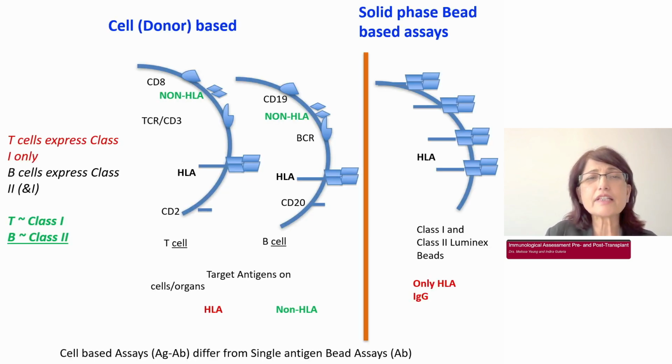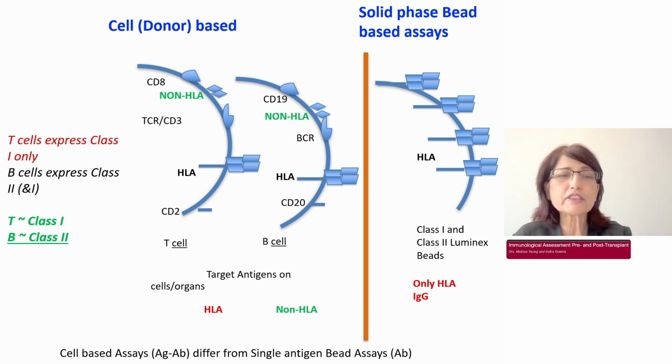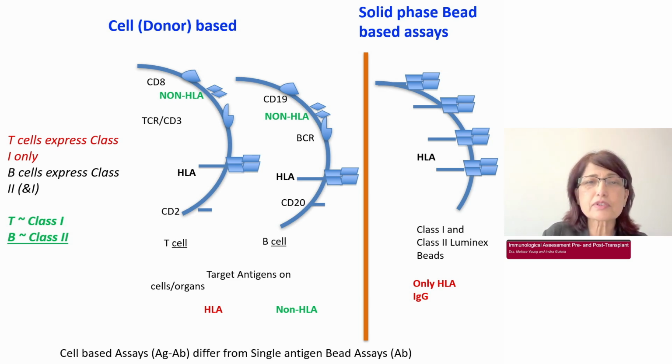So just to reiterate, the cell or donor-based assays is where the donor cells are incubated with the patient serum. So it's basically an antigen on the donor reacting with the serum antibody in the patient serum. And as Dr. Young just mentioned, T cells are used in lieu of an organ being tested.